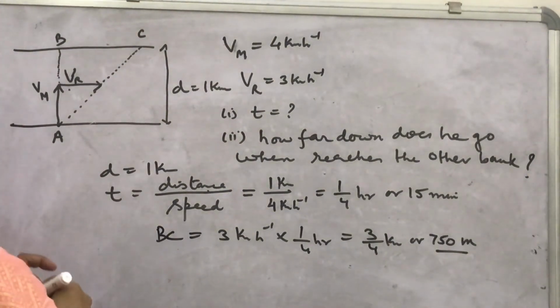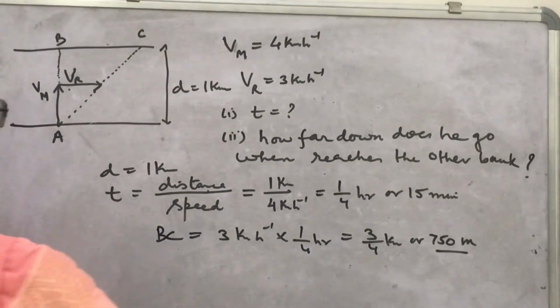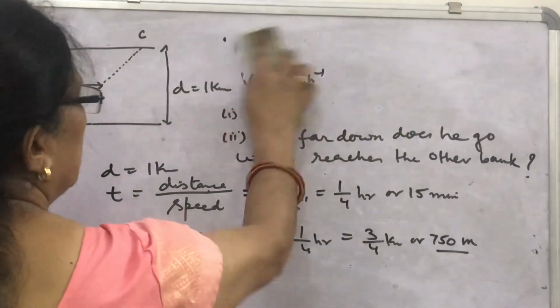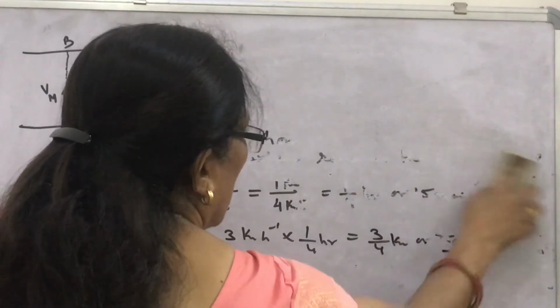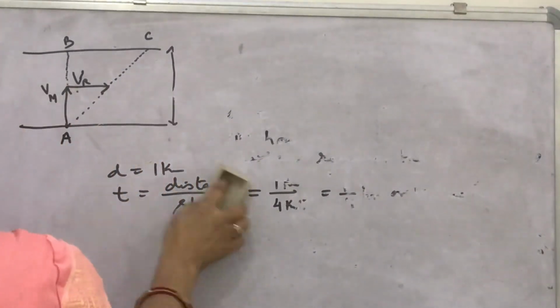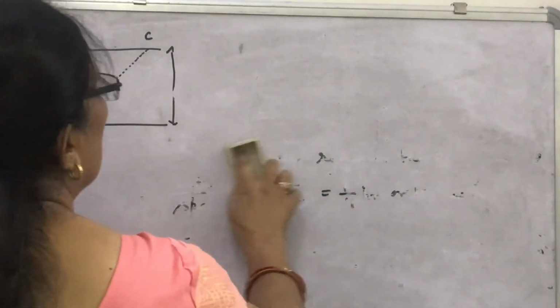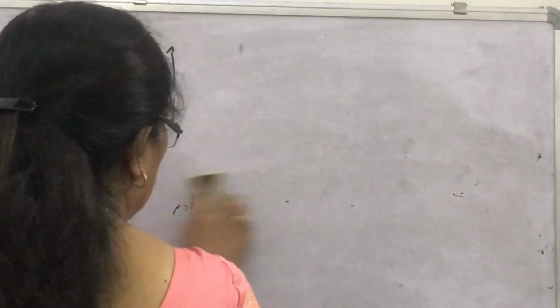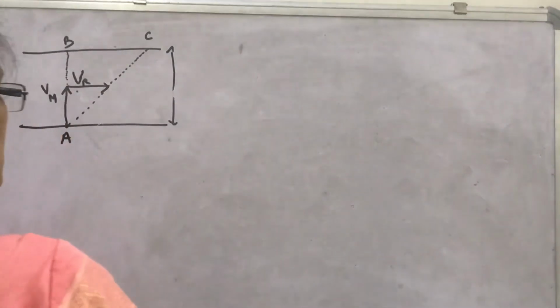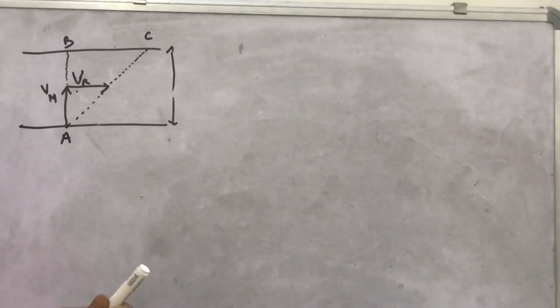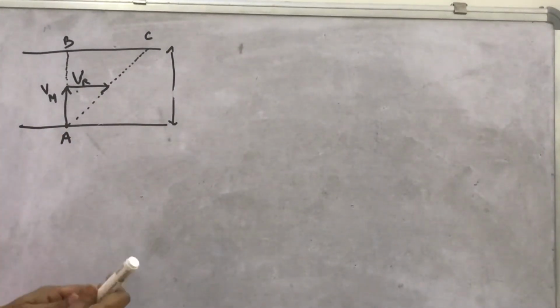This is a very interesting case. I am giving you the general description about that. Suppose there is a river and a man or a swimmer wants to cross the river in zero drift. What is the meaning of zero drift? Suppose this is the case. I am not writing the value.